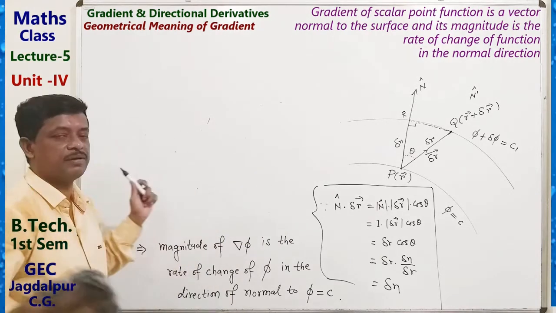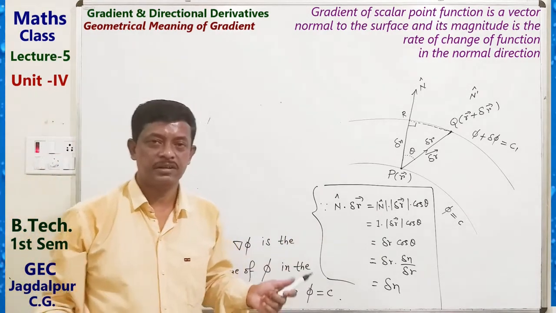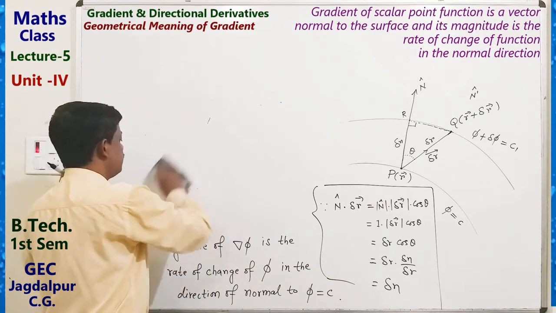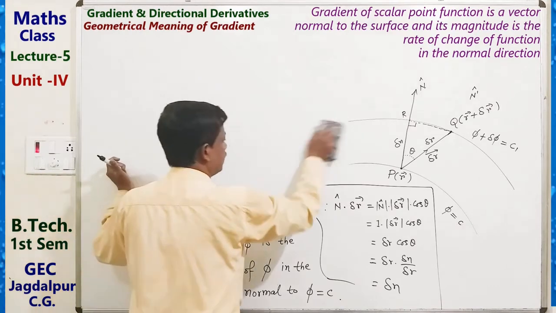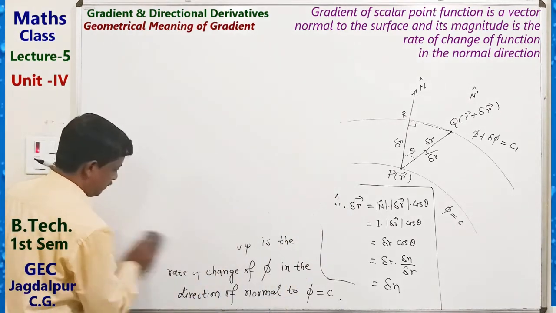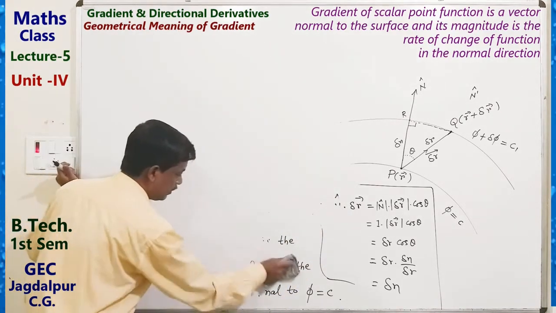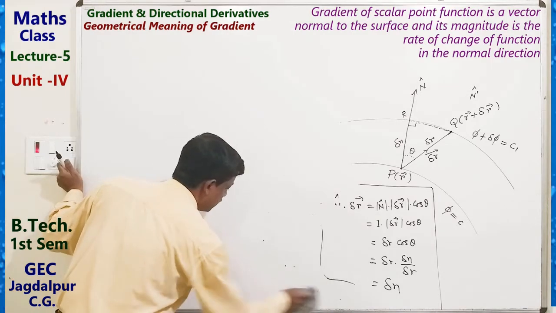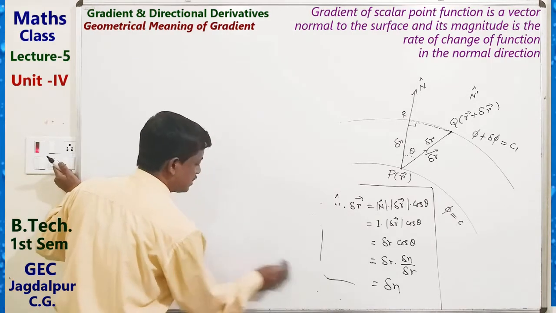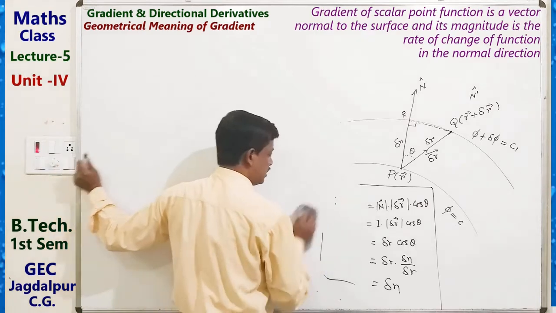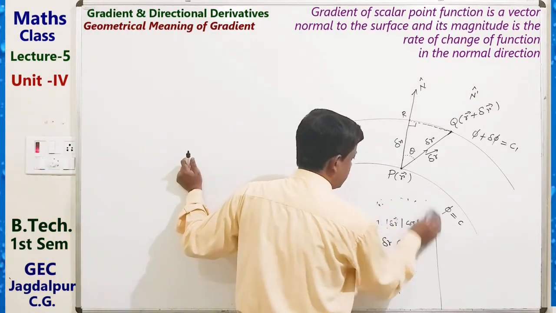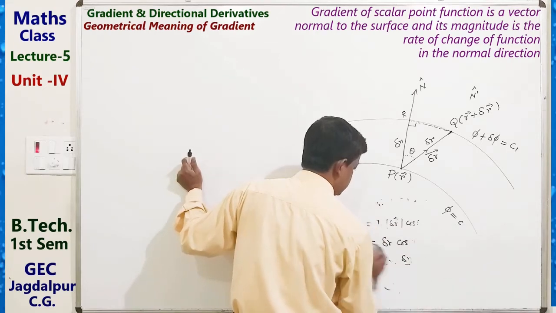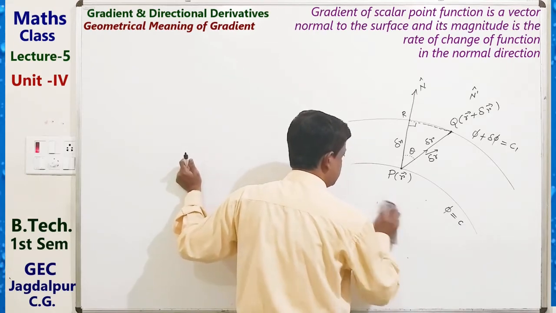Del phi by del x, del phi by del y, del phi by del z means partial derivatives along x axis, y axis, z axis, in the direction of x axis, in the direction of y axis, and so on. Okay, so here directional derivative.